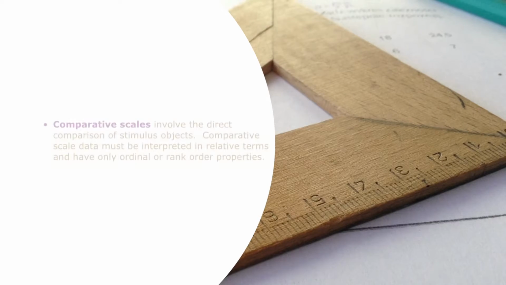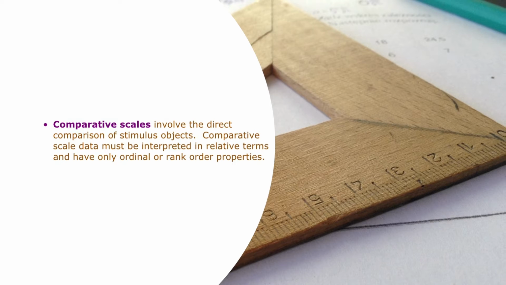So what we observe is that this scaling technique is purely bifurcated into comparative and non-comparative, and comparative scales involve the direct comparison of stimulus objects, whereas comparative scale data must be interpreted in relative manners and have only ordinal or rank order properties. I think in our previous discussion we have seen how rank, ordinal, nominal and other scales are taken care of, and how comparative scales revolve around the ordinal or rank order properties.